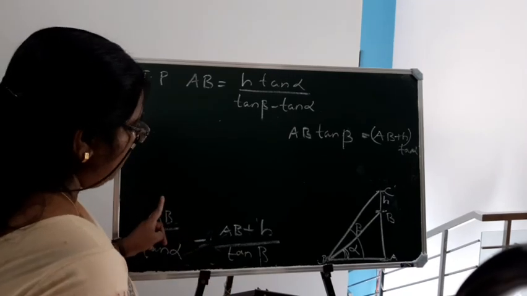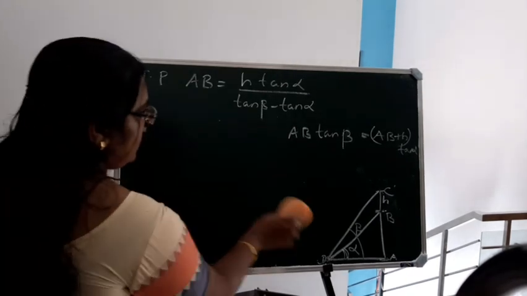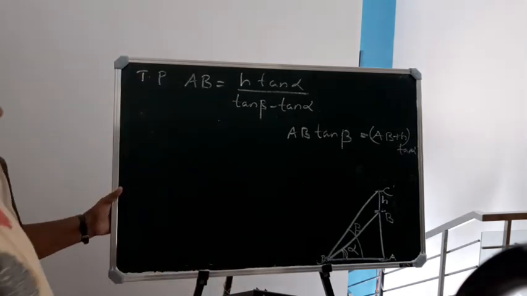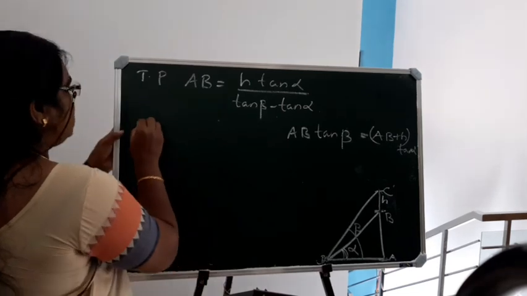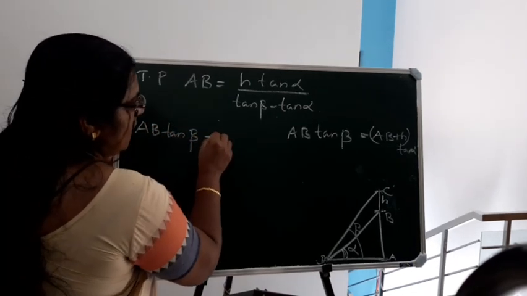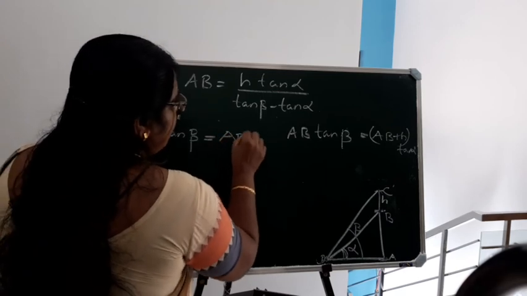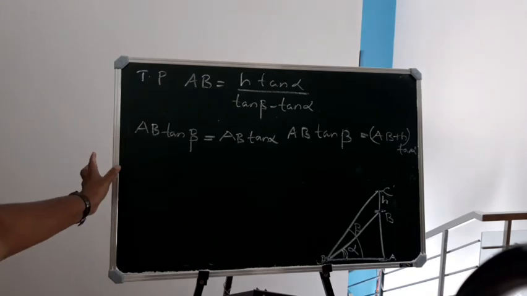And solve for AB. Collect all the AB terms on one side because we need AB. Remove the bracket: AB tan beta equal to AB tan alpha plus h tan alpha.